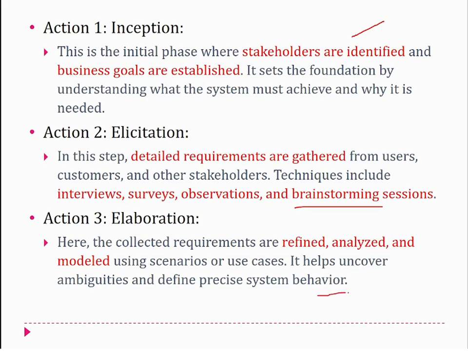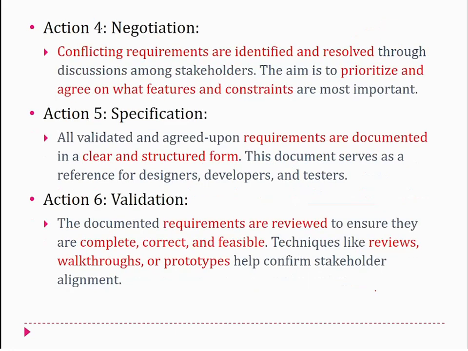The fourth is negotiation, where conflicting requirements are resolved and prioritized. The fifth is specification, where all agreed requirements are documented clearly. And finally, validation. It ensures that the documented requirements are complete, correct, and accepted by all the stakeholders.